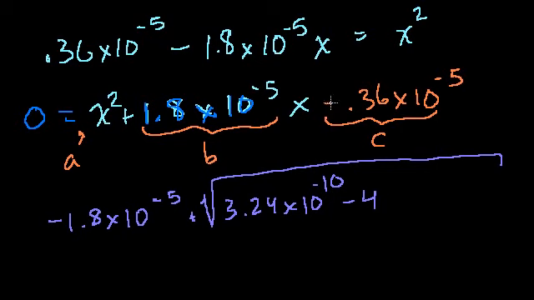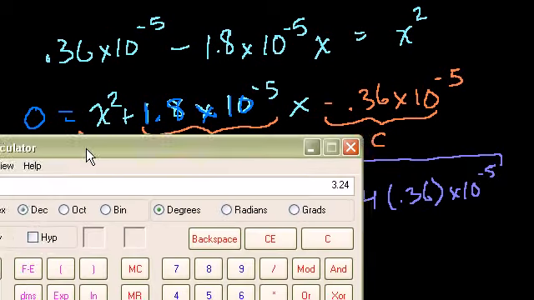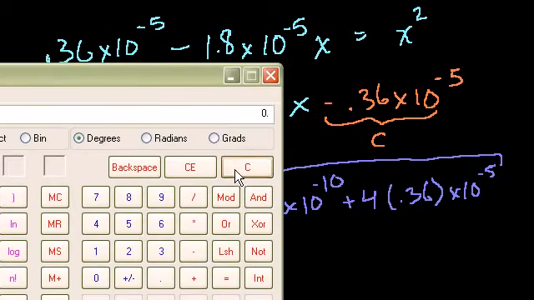So the minuses cancel out, 4 times 0.36 times 10 to the minus 5, which is, let's see, 4 times 0.36 is equal to 1.44. I should have been able to do that in my head.